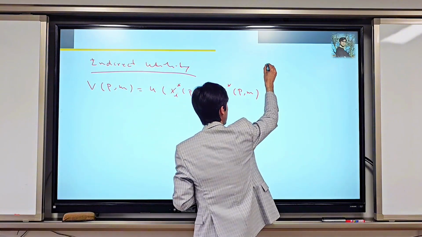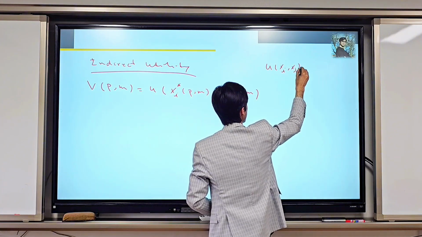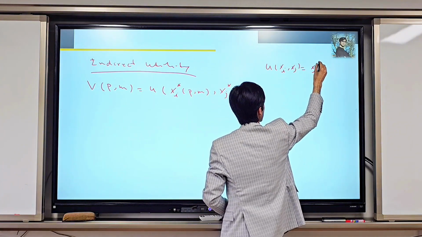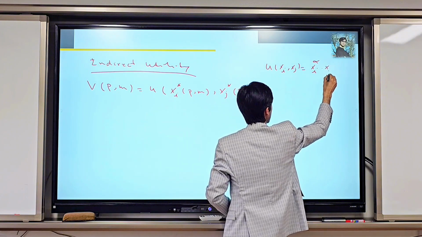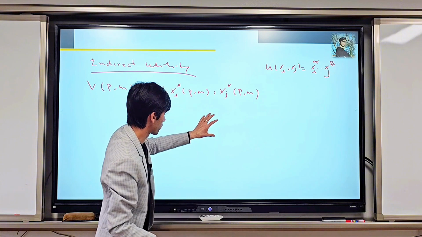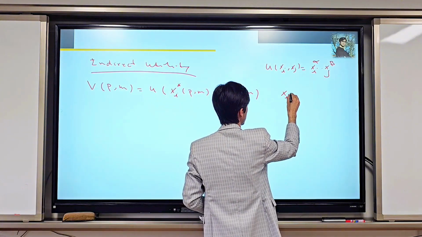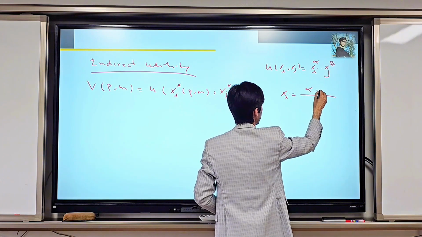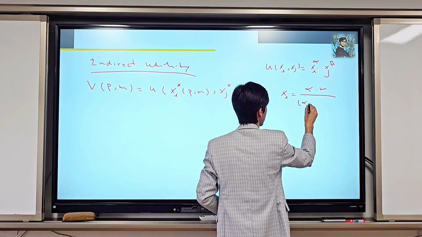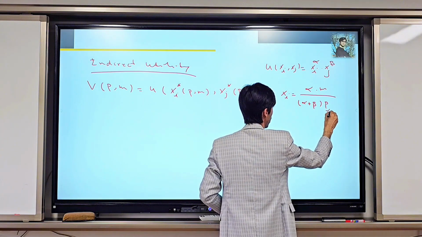Although in our utility function, u(xi, xj), we had, for example, xi to the power of alpha, xj to the power of, for example, beta. But we have already found that xi is equal to alpha multiplied by m over alpha plus beta, over pi.